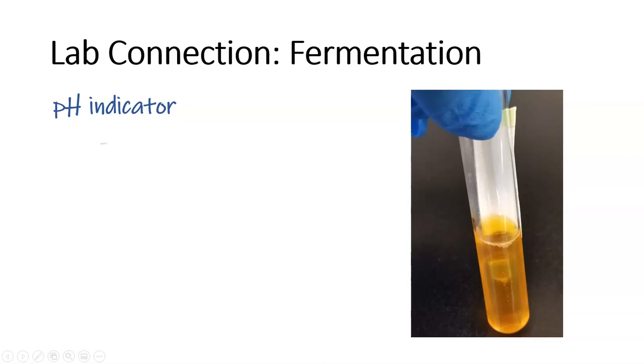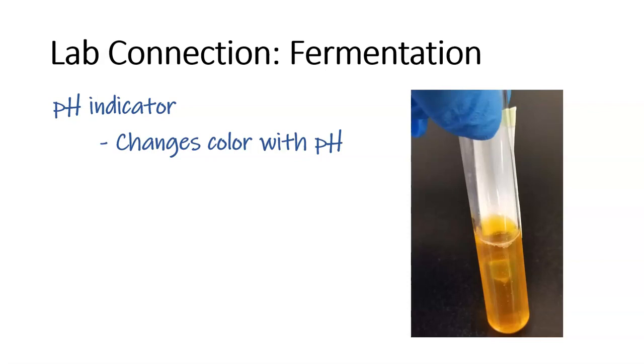Because there's a difference in appearance based on growth characteristics of the organism. In the test tube you see on the screen, the pH indicator is red under neutral conditions, but yellow under acidic conditions. This particular organism is a strong fermenter. It produces lots of acid in its fermentation pathways.